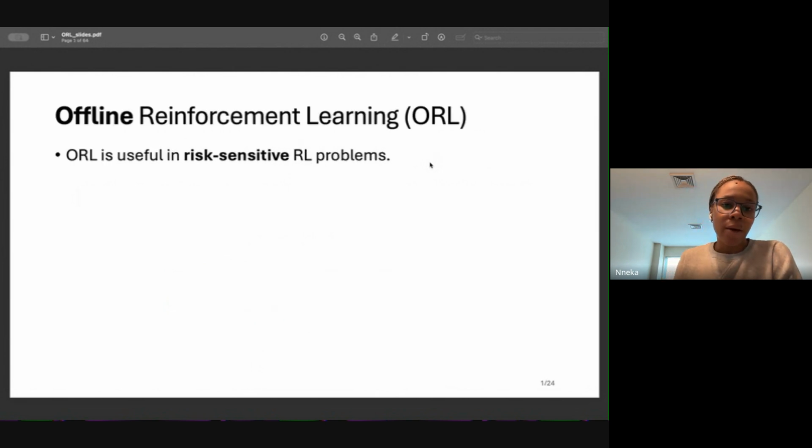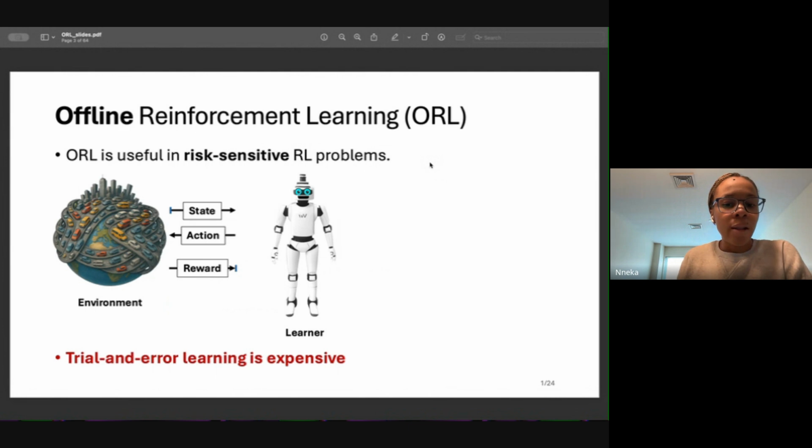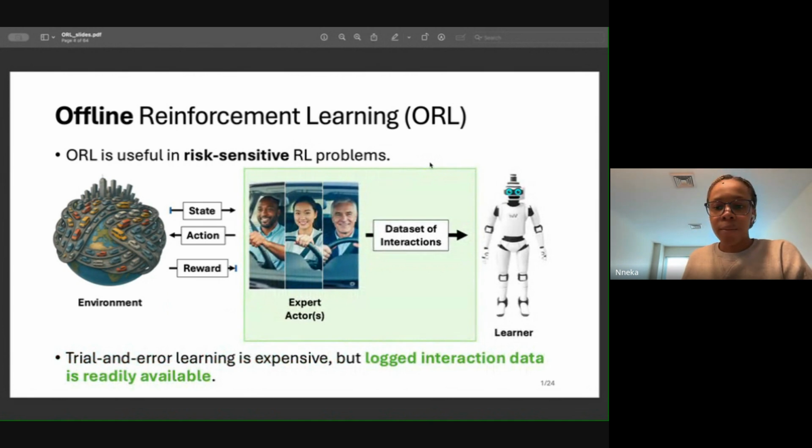In the paper, we are interested in offline reinforcement learning, which is a useful setup when you're talking about risk-sensitive problems, such as autonomous driving, where trial and error learning in the true environment is expensive, but logged interaction data from a preferably diverse set of expert actors is readily available.